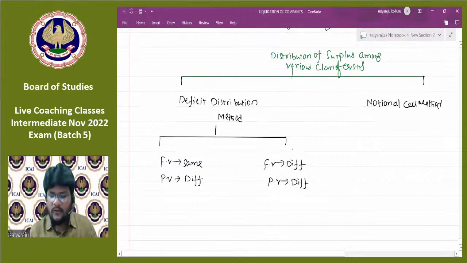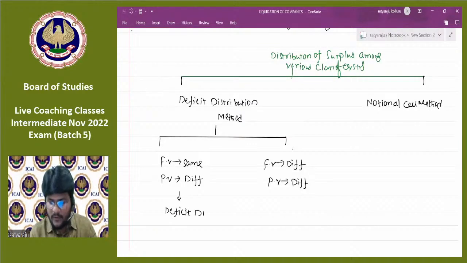If face value is the same and paid up value is different, then you can directly go for deficit distribution. If face value is different and paid up value is different, first apply the equivalent units concept, then you can apply the deficit distribution method.